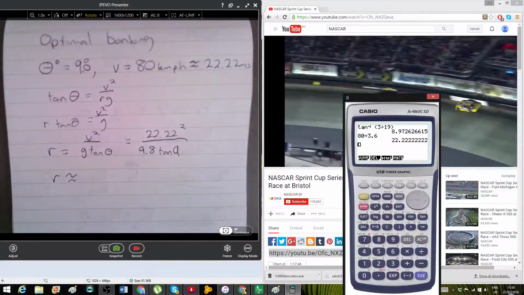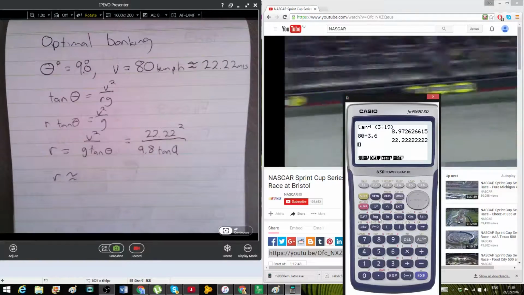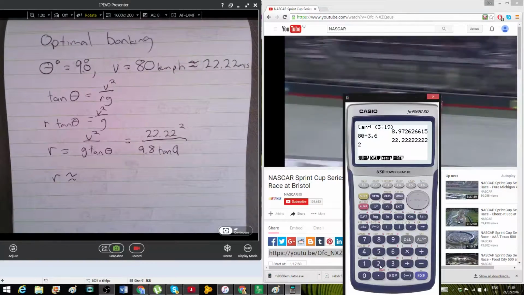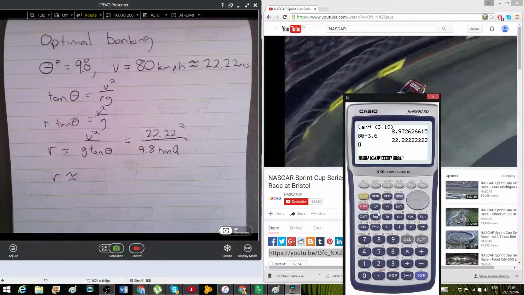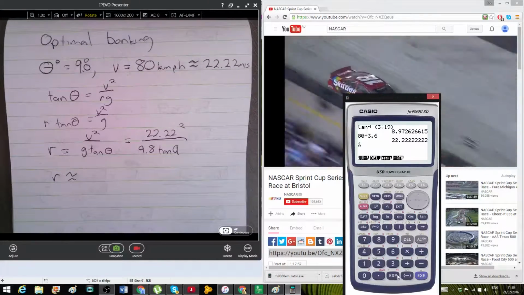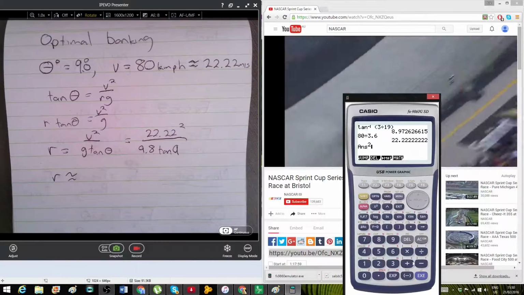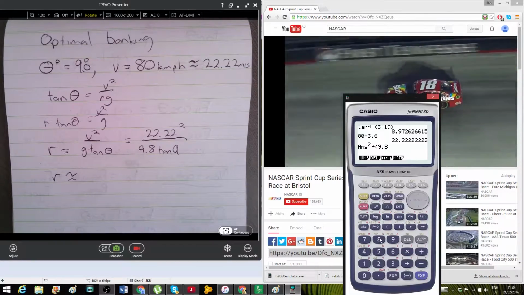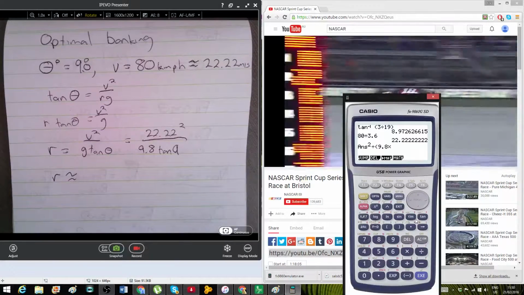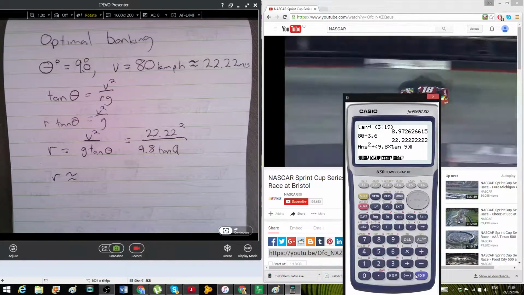Let's have a look. Last answer squared, divided by bracket 9.8 times tan 9 degrees.